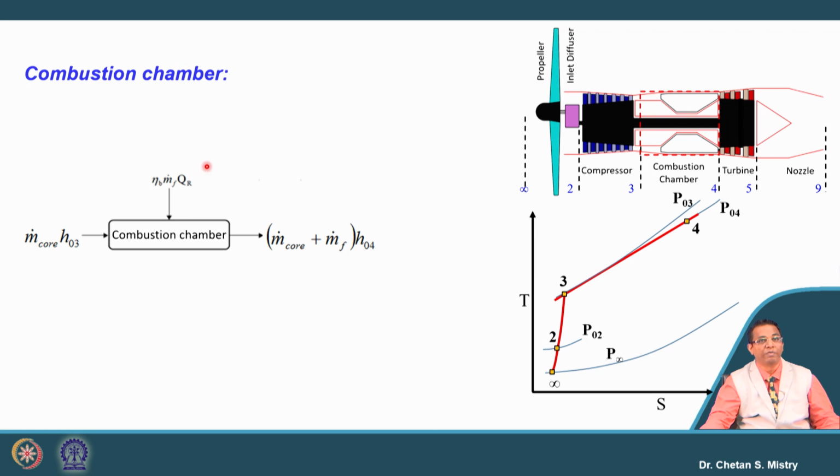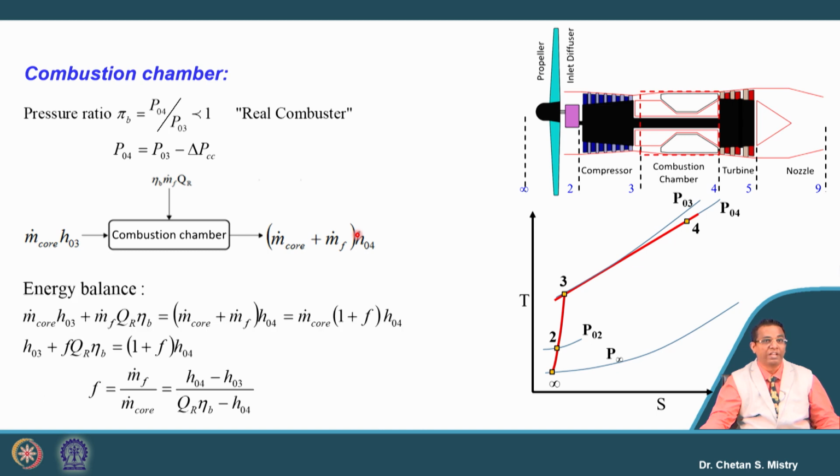This is mf into Cv, representing the amount of fuel we are adding. That fuel will be converting the chemical energy into thermal energy, and we will have our exhaust as m dot core plus mf into H04. Here in the combustion chamber we will have a drop of pressure, as we have discussed earlier also.